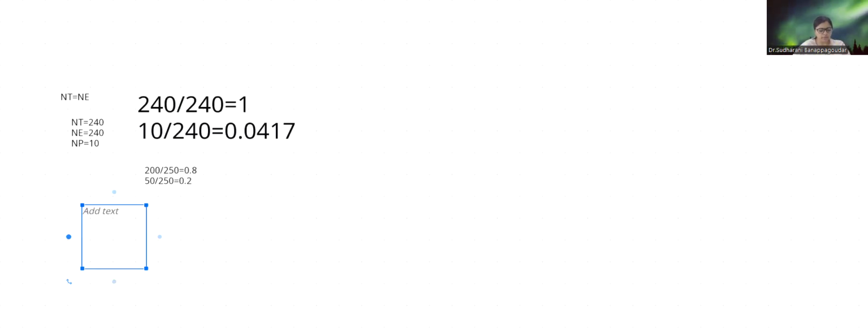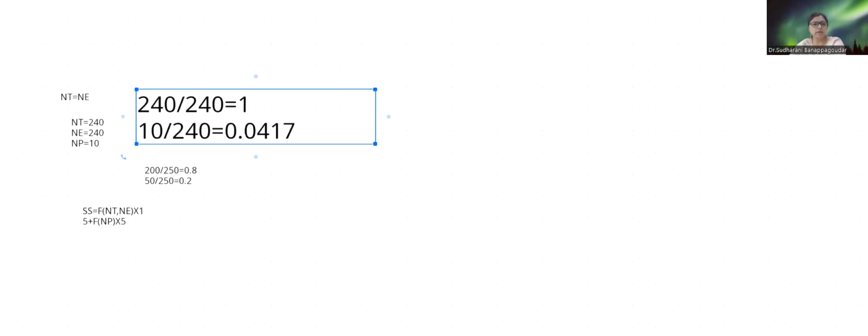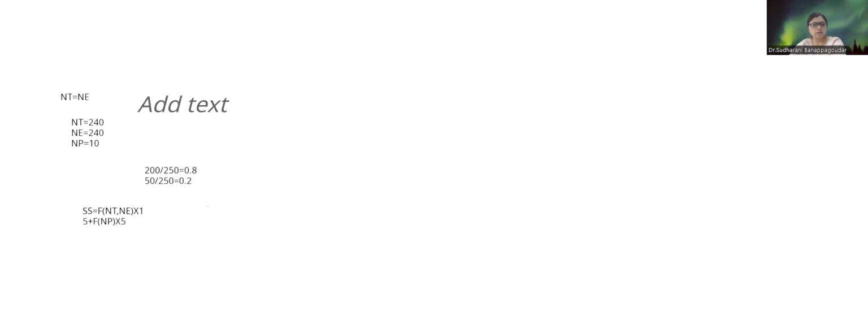I'm going to delete this and consider NT equals 100, NE equals 75, NP equals 10. Now let us substitute this into the formula and see what we get.